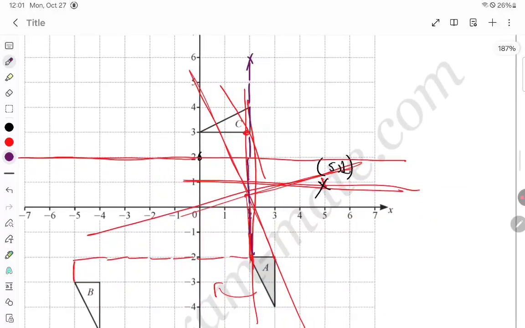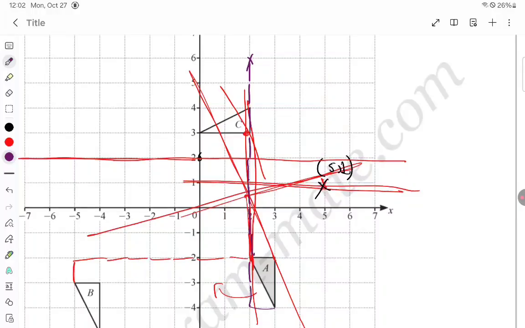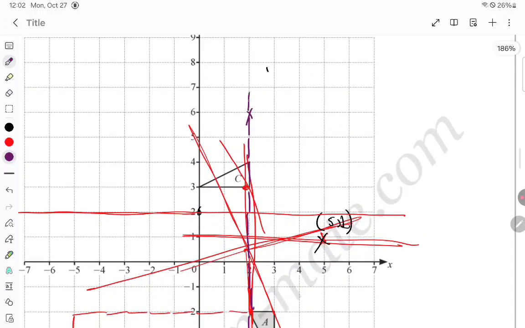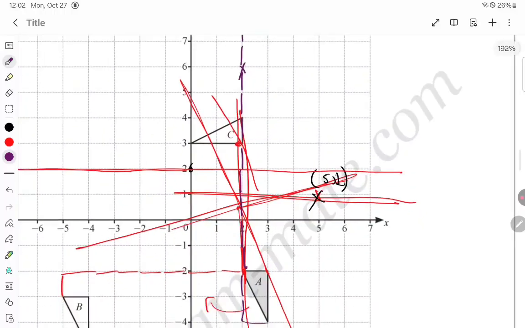For the second, 4, 5, 6, and x into 1 unit. So 1, 4, 5, 6, and mark the second point.